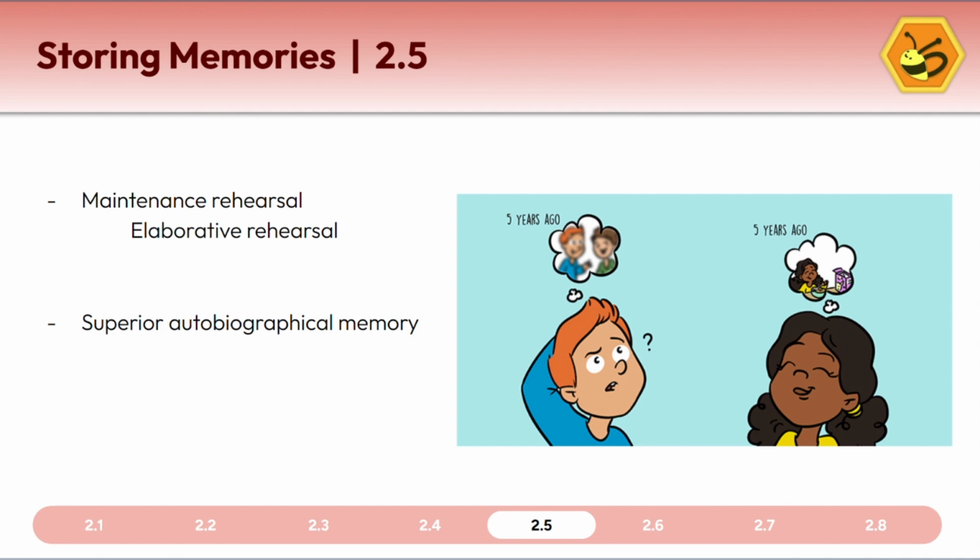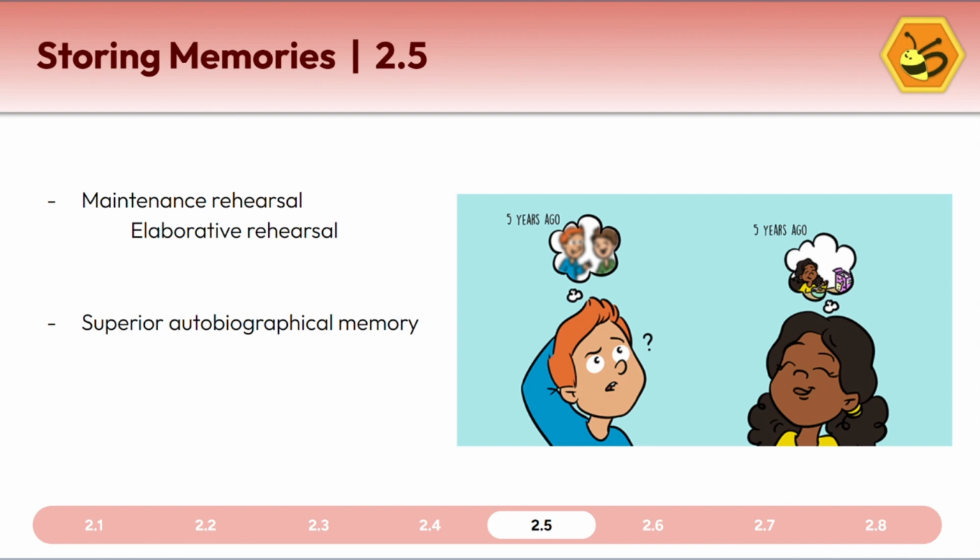Some people have superior autobiographical memory, which means that they're able to remember their personal experiences very clearly and for very long amounts of time. So if I ask you what you ate for breakfast 3 weeks ago, you probably wouldn't be able to tell me. But if I ask someone with superior autobiographical memory, they might be able to tell me.